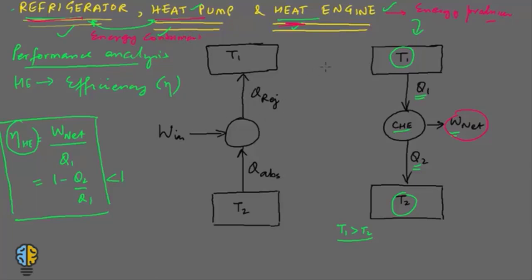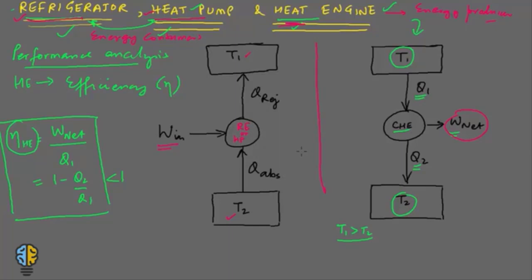So this schematic, which is having some heat being transferred from T2 to T1 and which has some work as input, can be either a refrigerator or a heat pump. Okay, so right now I'll just write down RE as the refrigerator or heat pump, that is the HP.